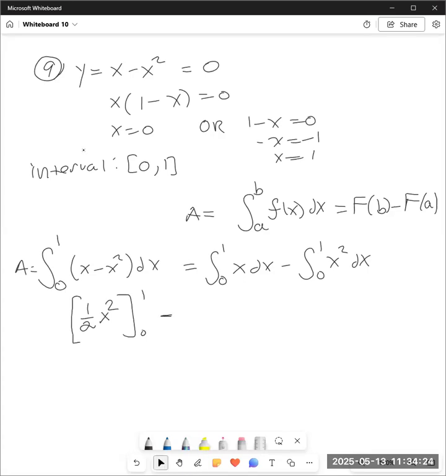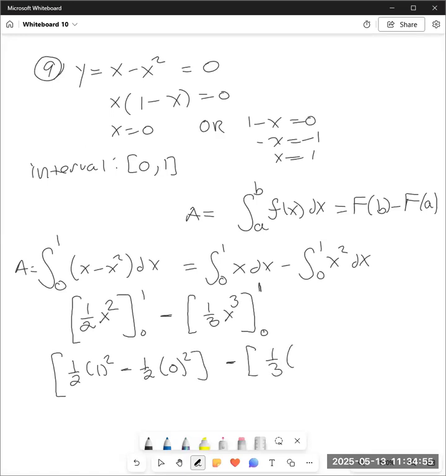And if I were to integrate x squared, I'd normally get 1/3 x cubed. And I would put plus c, but I'm not going to do that. I'm going to evaluate from 0 to 1. So I'm going to put in my upper limit here. This is 1/2 of 1 squared minus 1/2 of 0 squared, minus 1/3 of 1 cubed minus 1/3 of 0 cubed.